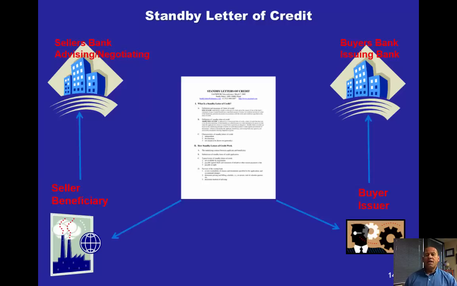Let's say that you paid on day 31 and they collected the standby on day 30. Well, the bank's obligated to pay that obligation out. So you have to be very careful if you're a buyer using a standby letter of credit as a way of gaining access to open account terms, because you can end up paying twice. But given being careful, it can be a good way of gaining access to open account terms when you have a seller who's hesitant about doing that.